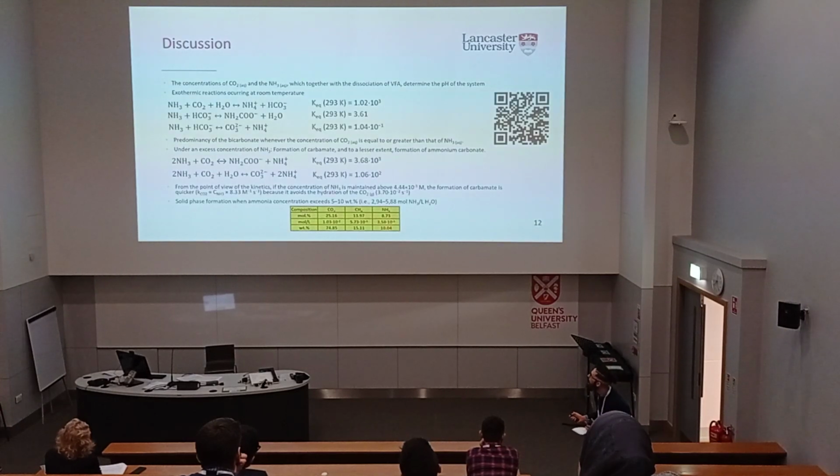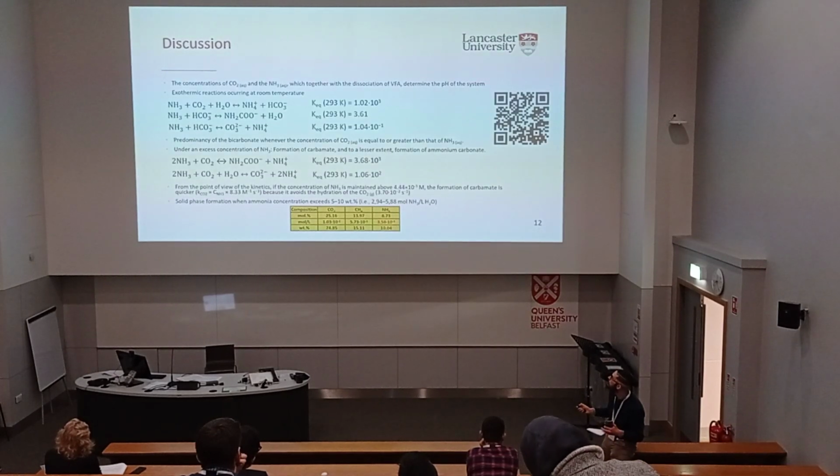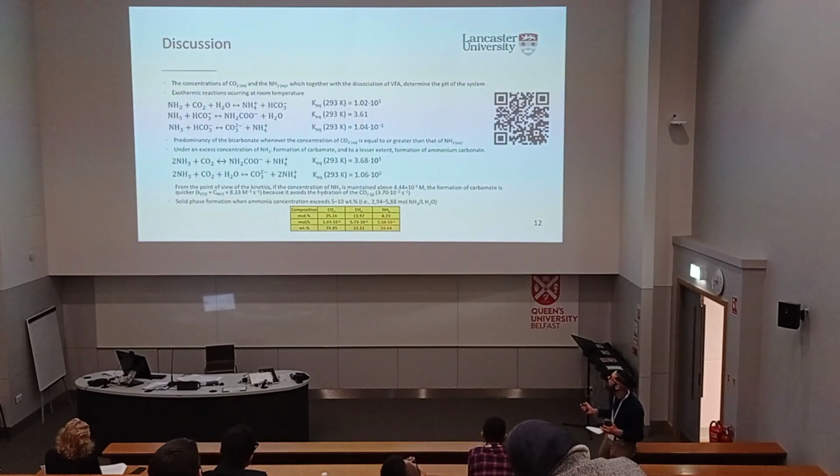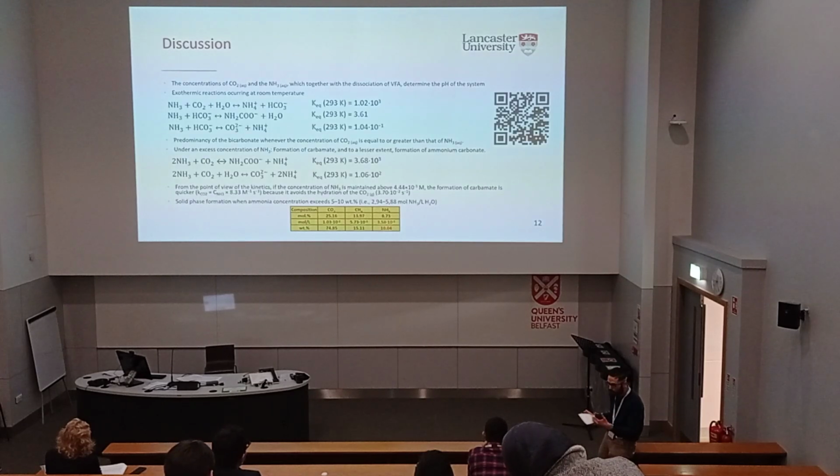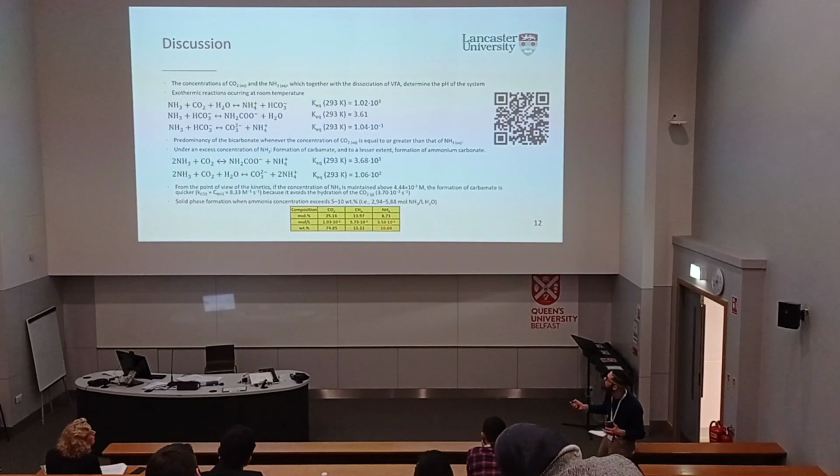So we look at the underlying chemistry that goes on in the system: water, CO2, and ammonia, which, by the way, together with the volatile fatty acids, rules the pH of the anaerobic digestate. We see that there is a predominance of bicarbonate whenever the concentration of CO2 is greater than the ammonia. Okay? So it's likely that we are able to produce the ammonium bicarbonate, which is this equation.